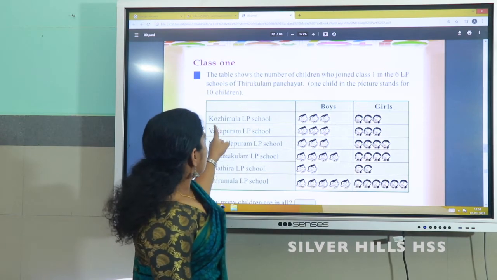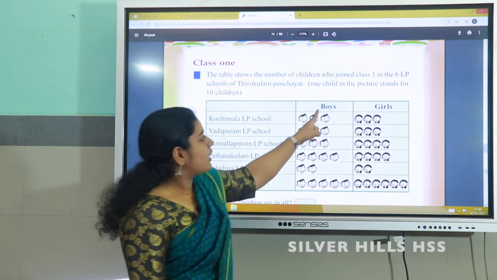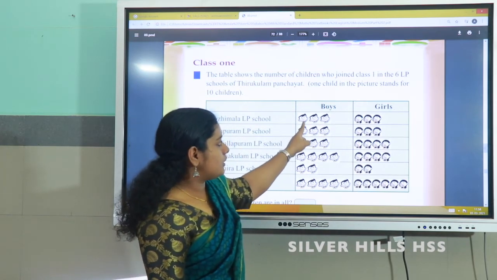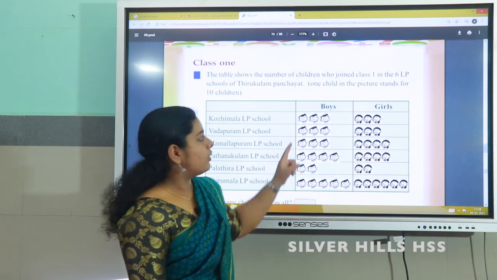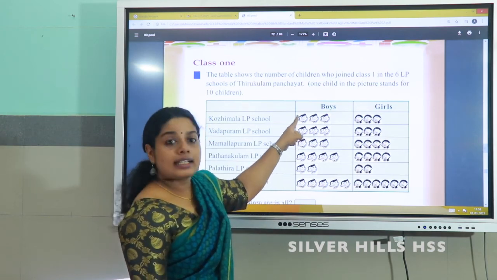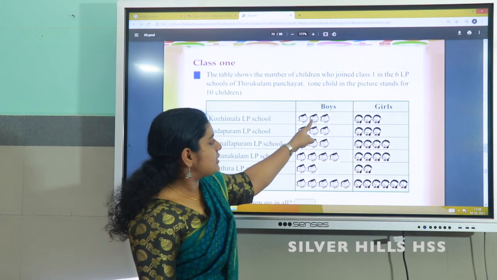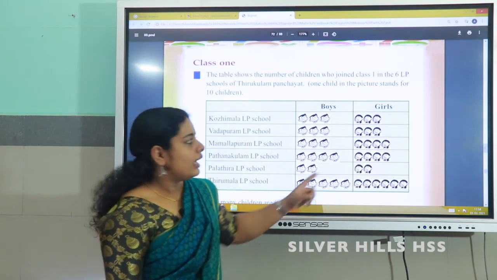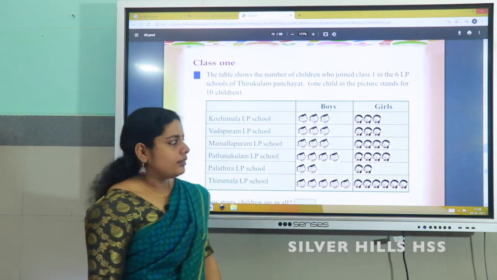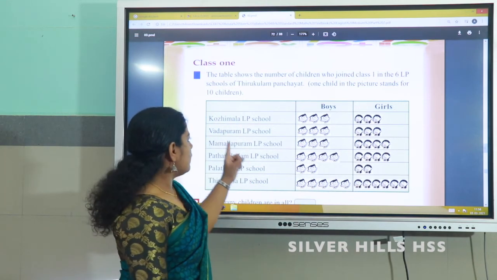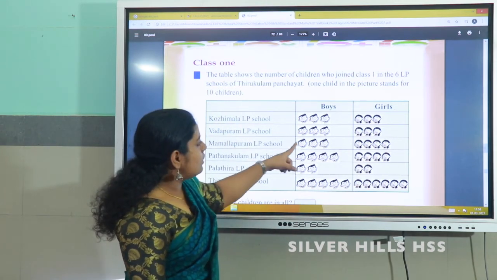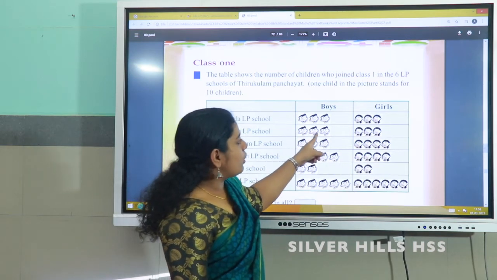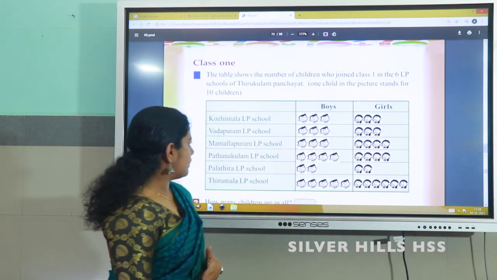Okay. So, Kozhimala LP school. Here for boys only 3 pictures are there, but one picture represents what? 10 children. So 10 plus 10 plus 10, 30 boys are there in Kozhimala LP school, and 30 girls are there in the school. Now, Vadapuram school. Here also 30 boys and 30 girls are there.